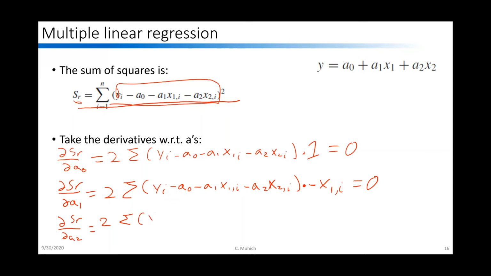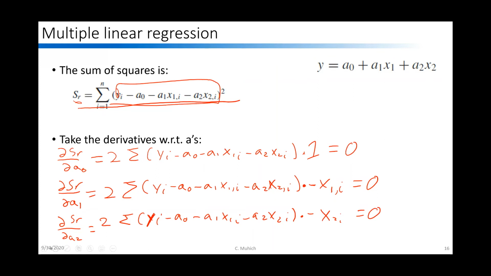We have our sum of yi minus a0 minus a1 x1i minus a2 x2i, times the derivative of what's inside this parentheses with respect to a2. Well, that's negative x2i. And all of this gets set equal to 0.